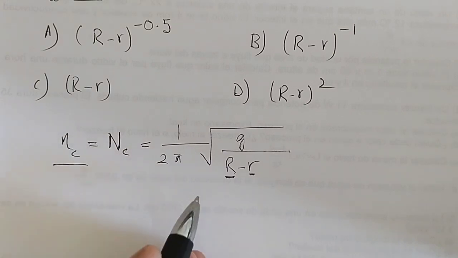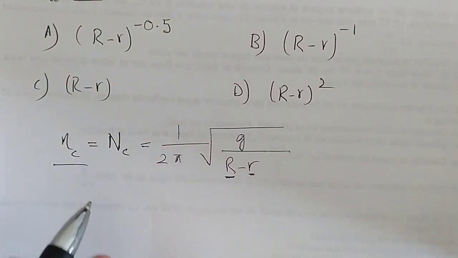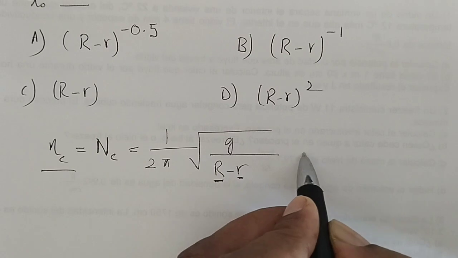So this is the equation or the formula to calculate critical speed.